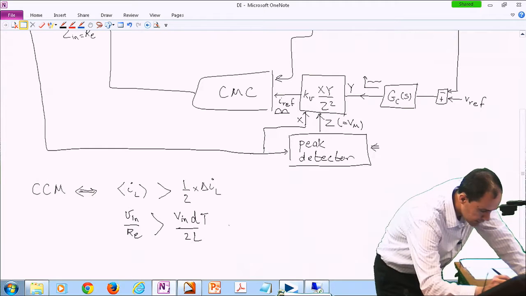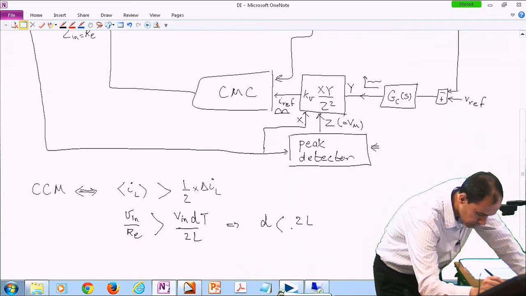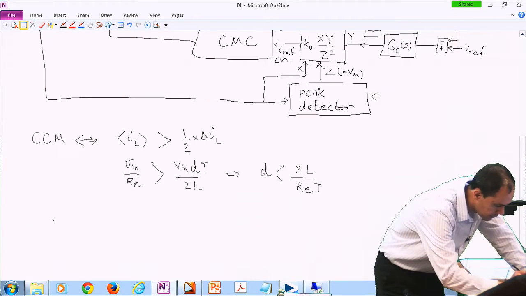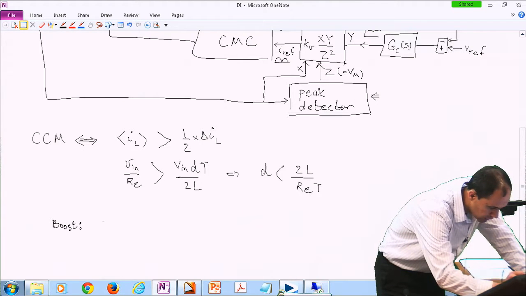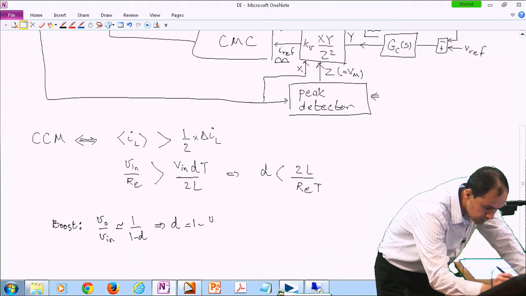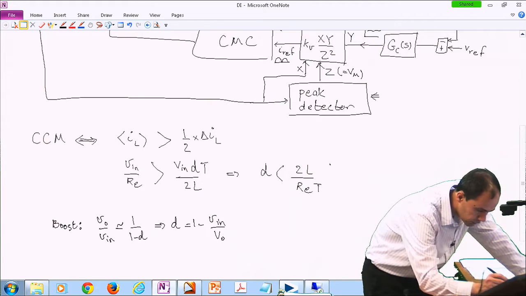So you get that D should be smaller than 2L over RE T. And in a very simple approximation, neglecting the dynamics, you can argue that Vout over Vin is almost 1 over 1 minus D. So D is 1 minus Vin over Vout. And I just combine them together.